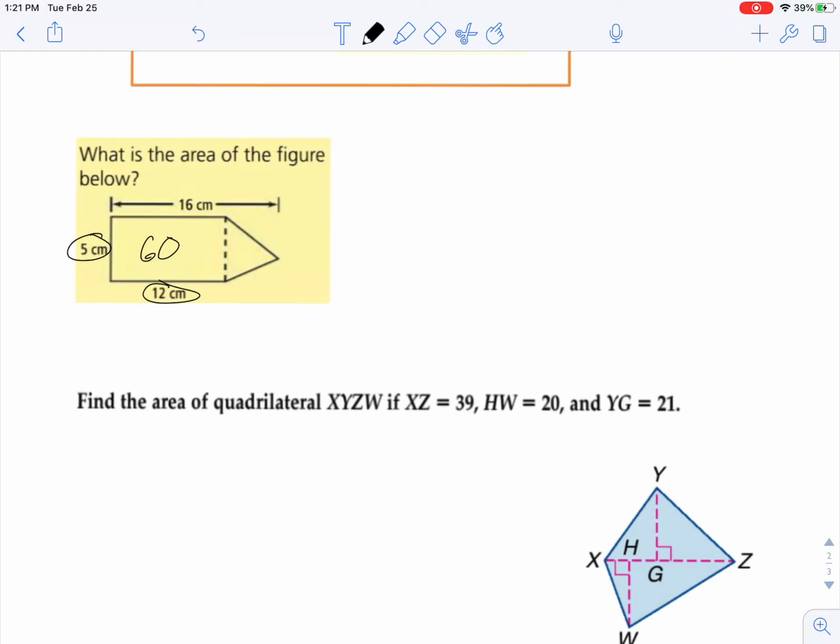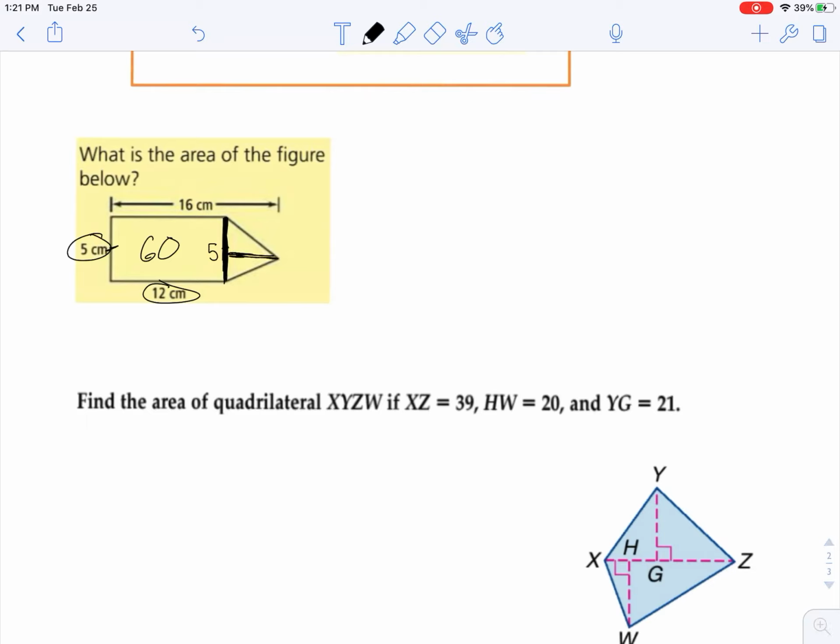So if I'm doing this triangle now, basically what I have to think here is I know that this is 5 because this side should be the same as this opposite side. So this piece right here is 5. And then I got to think about its height, and I have to make sure it's perpendicular.